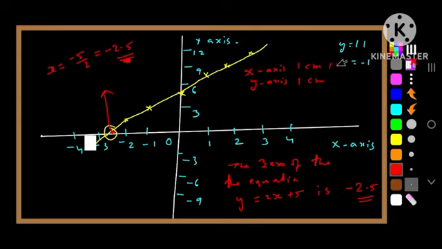So I am taking 1 unit. Similarly, y-axis 1 centimeter is equal to 3 units. So this is our graphical representation of our answer. Now let us see the next question.